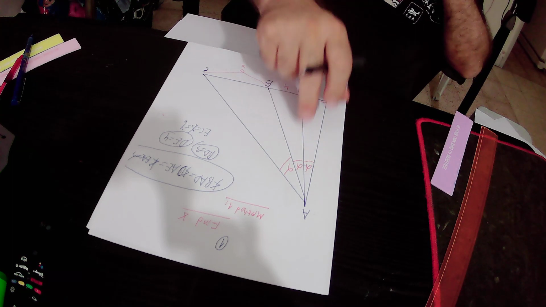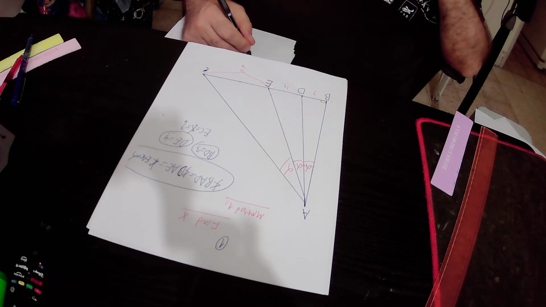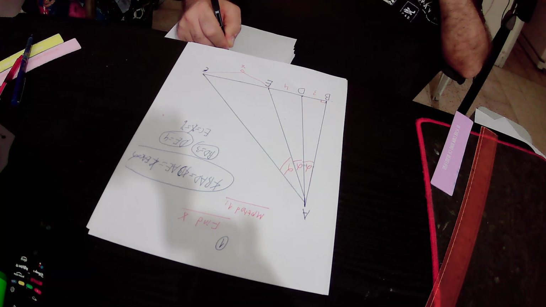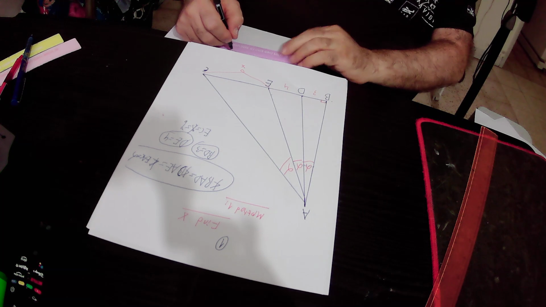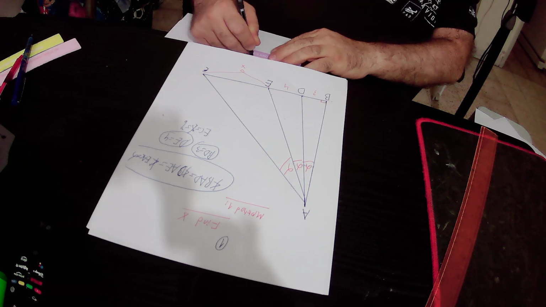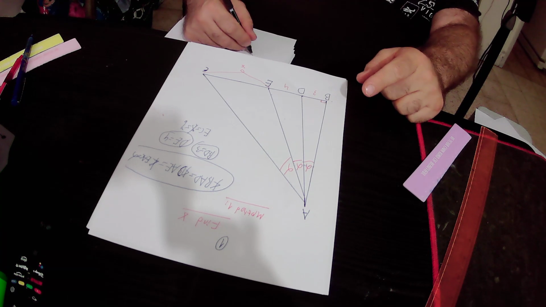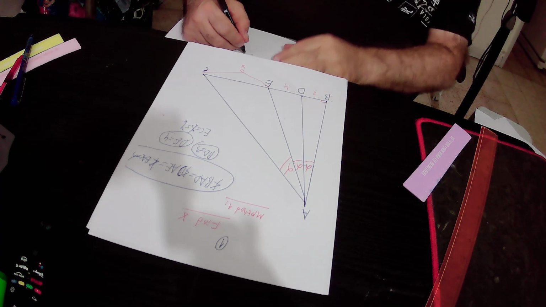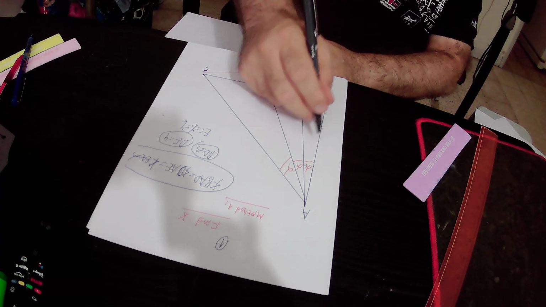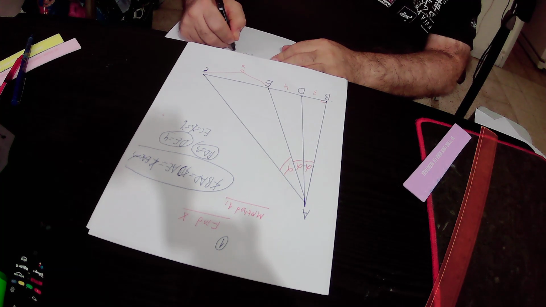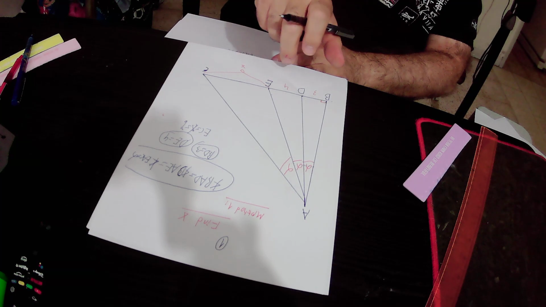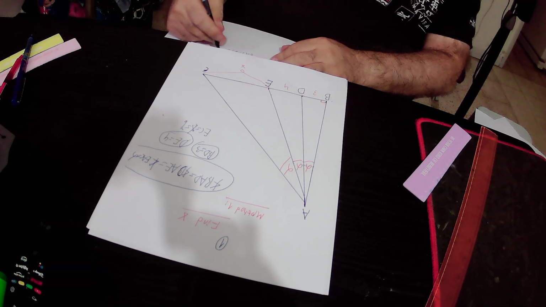In the right triangle, triangle ABE, tangent 2 alpha equals BE over AB.